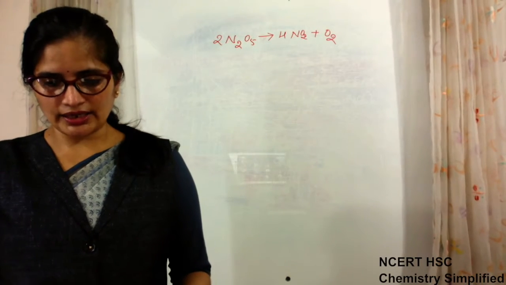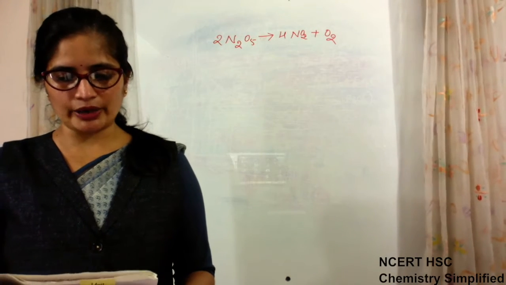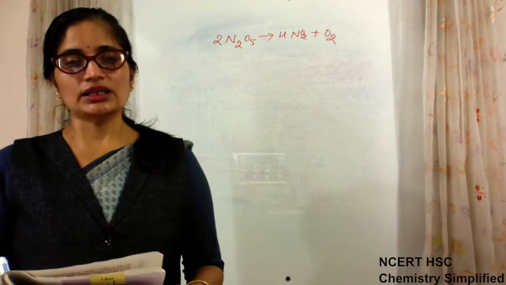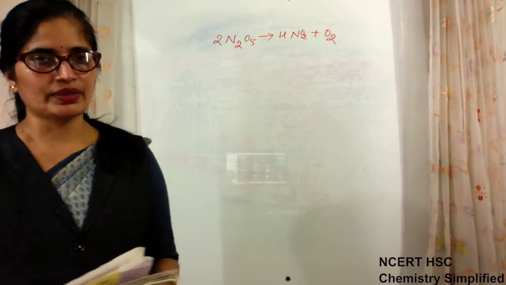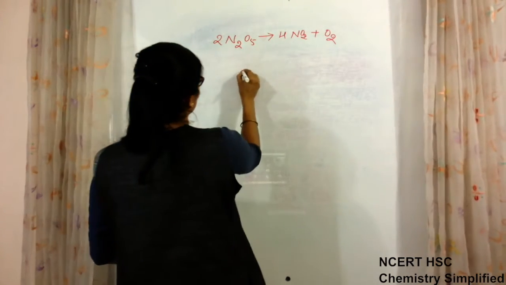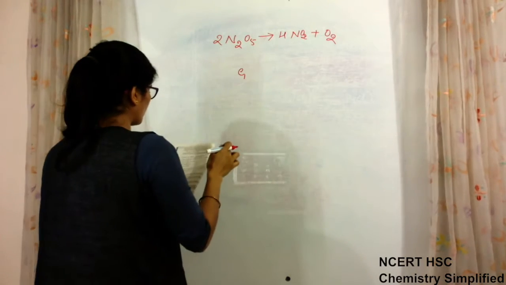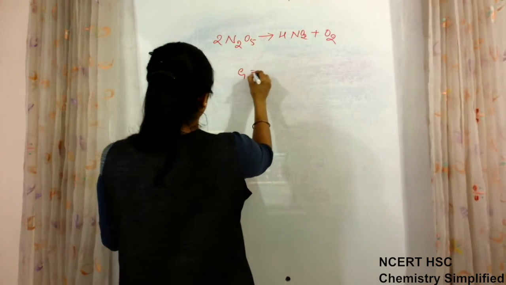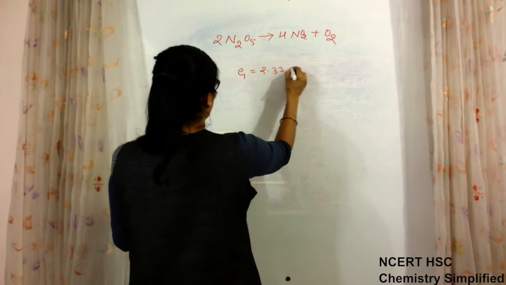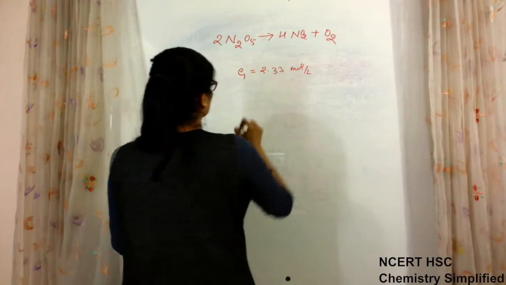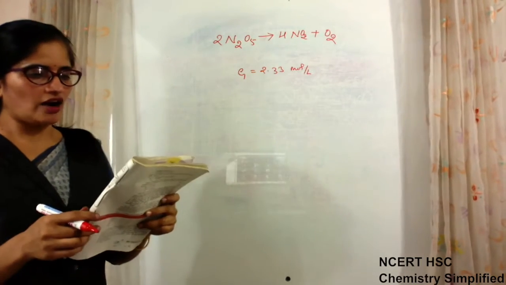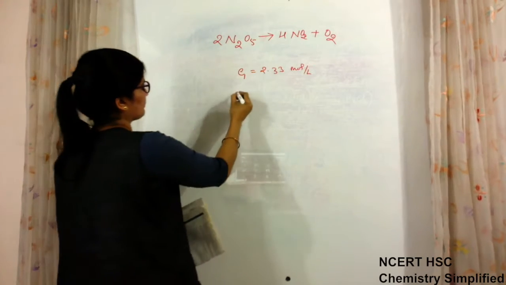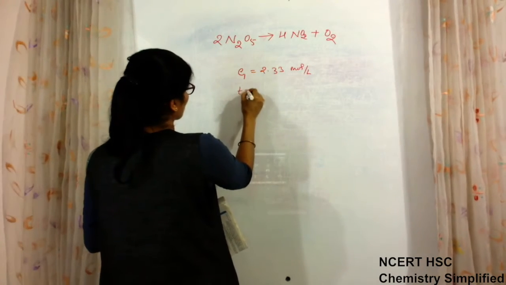Okay. Then initially the concentration of N2O5 is 2.33 moles per liter. Initial concentration, that means C1, the initial concentration of N2O5, is given as 2.33 moles per liter. Okay. Then after 184 minutes, the initial time T1 was 0.